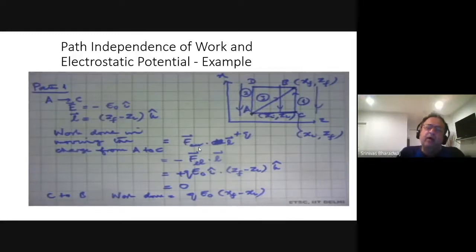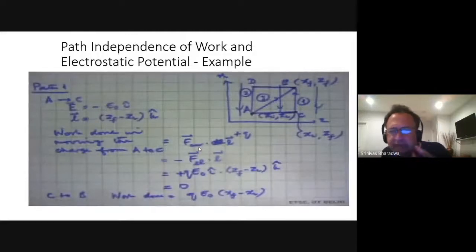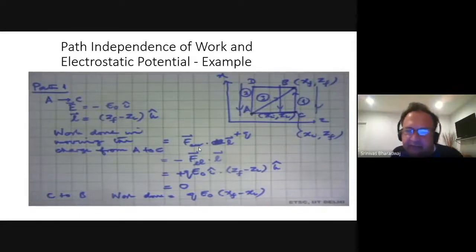Now we are going to introduce a related set of ideas. We also introduced this idea of work in an electrostatic field. We said that the work done in an electric field is path independent.